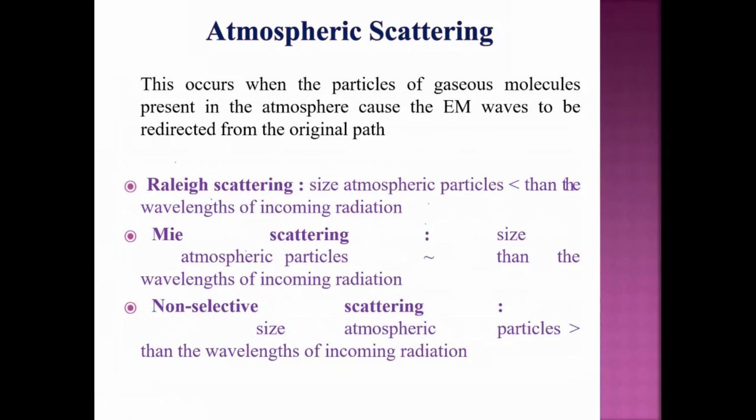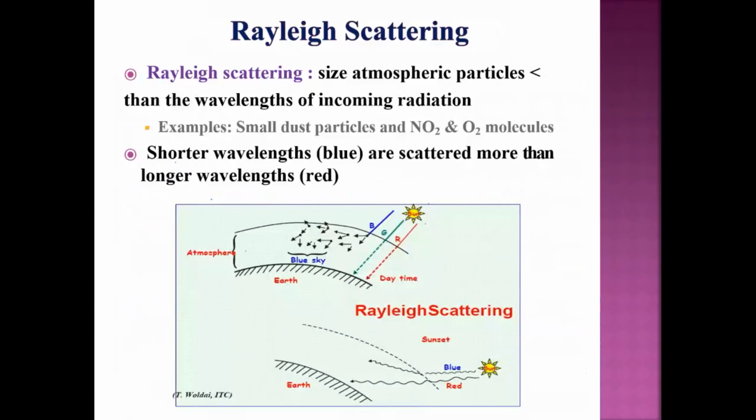Here, see, this is the important atmospheric scattering. One question I'm asking you people: why are rain bearing clouds dark in color?